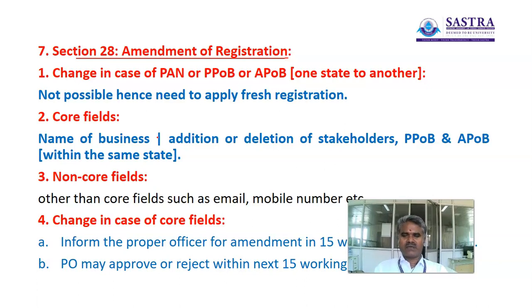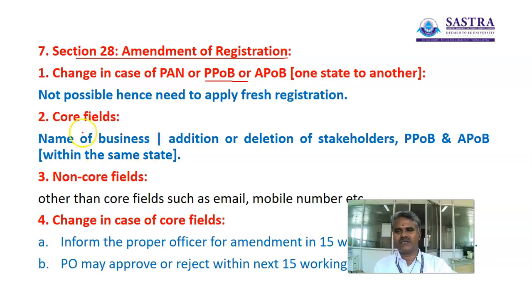This is what here we are going to take. Change in case of PAN or principal place of business or additional place of business, one state to another, is not possible, hence you need to apply for fresh registration. You may change it, but again, you will not be allowed to register your business one more time.